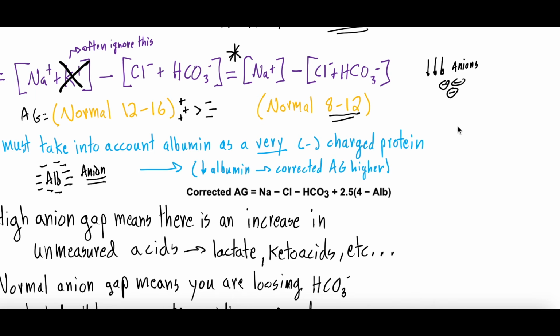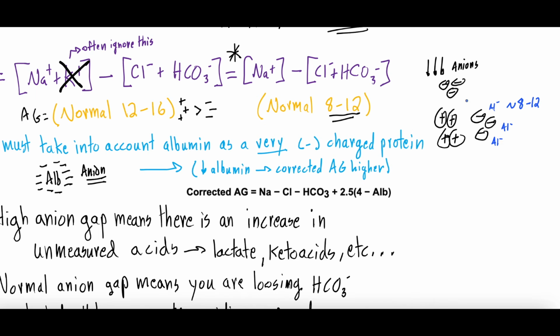If we think about that in drawing form, a normal anion gap assumes the albumin concentration is normal. If you have a normal anion gap but a low albumin, what's actually going on is something has taken the place of albumin. So let's say we have a normal anion gap, 4 positives and 3 negatives, just for the sake of this drawing, to make a normal anion gap of about 8 to 12. But that is with all this albumin that's negative floating around.